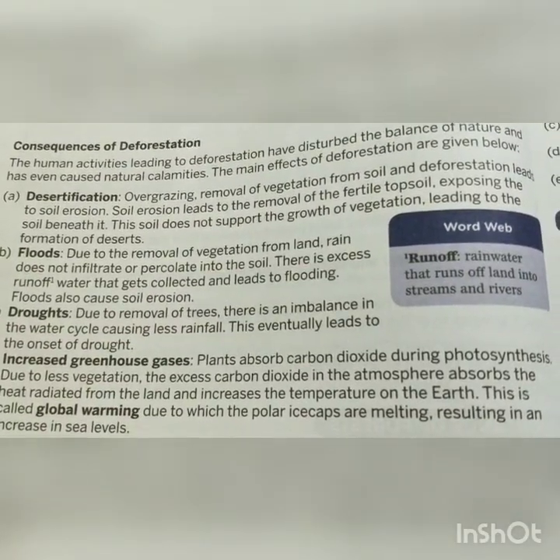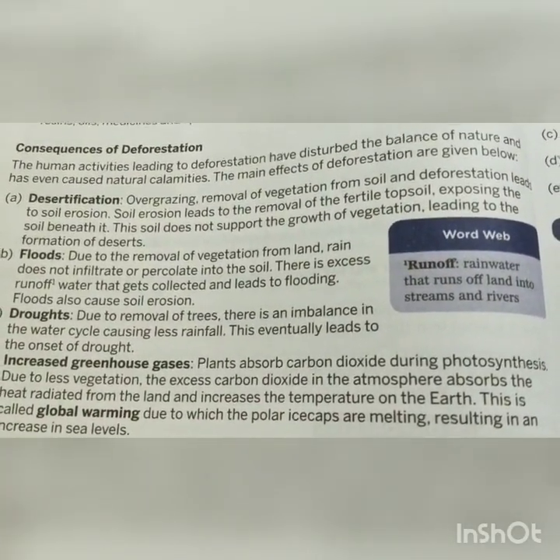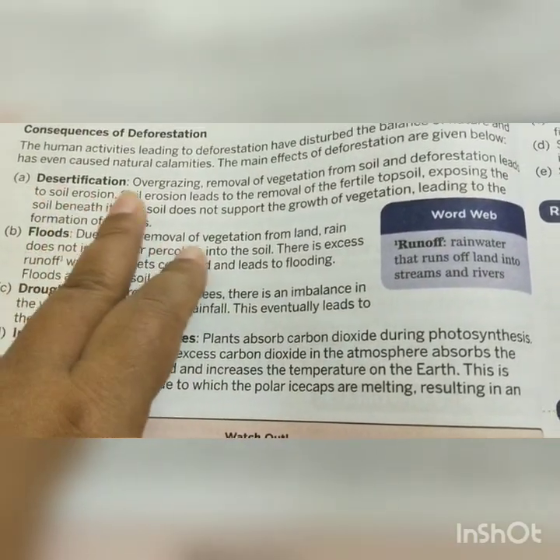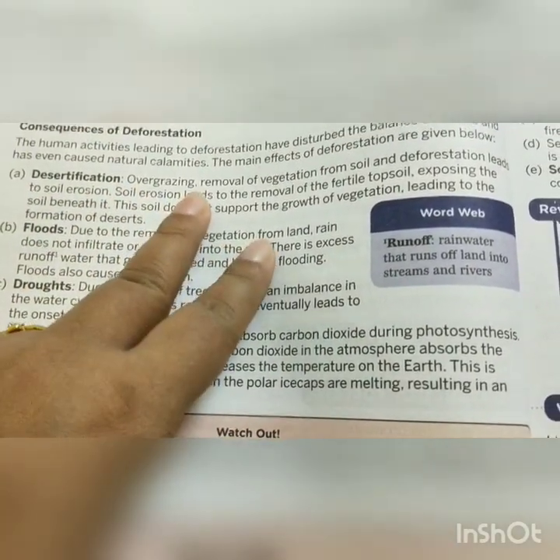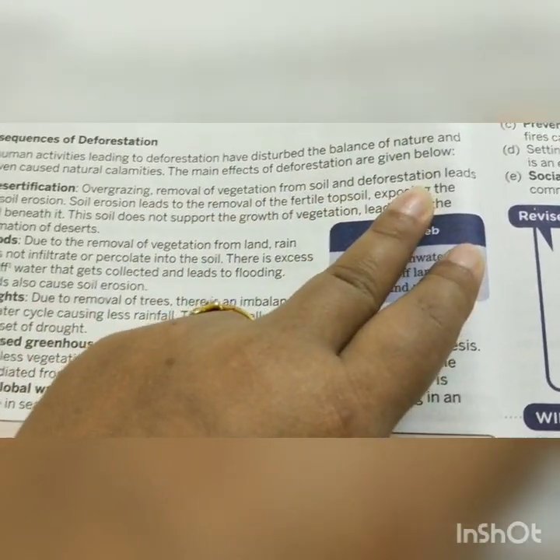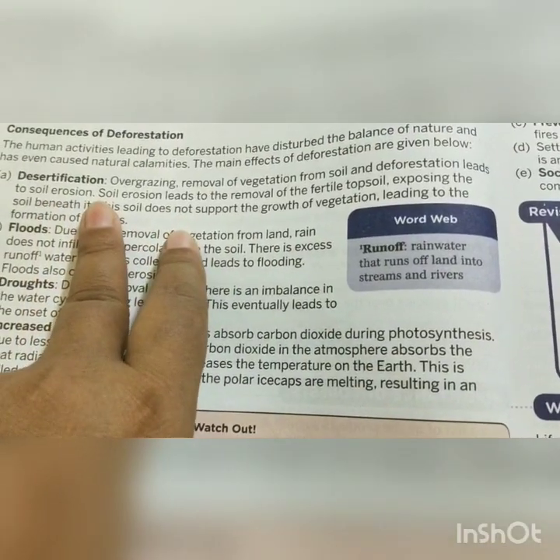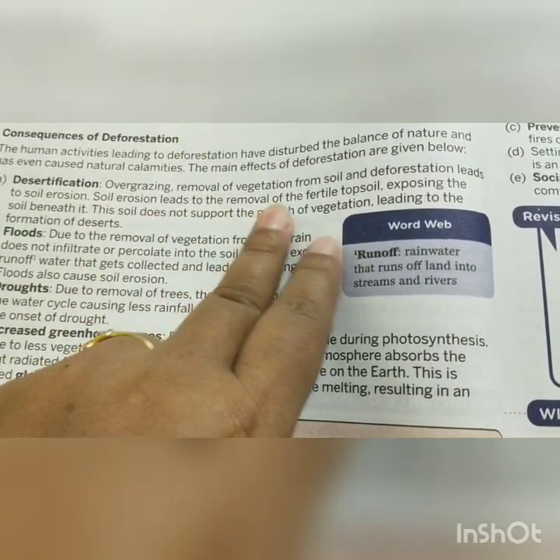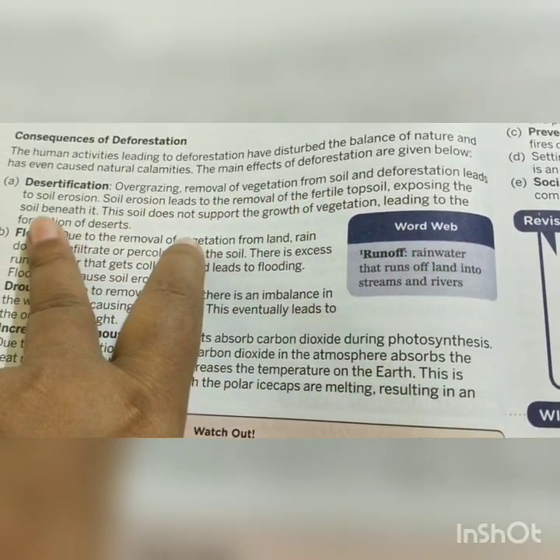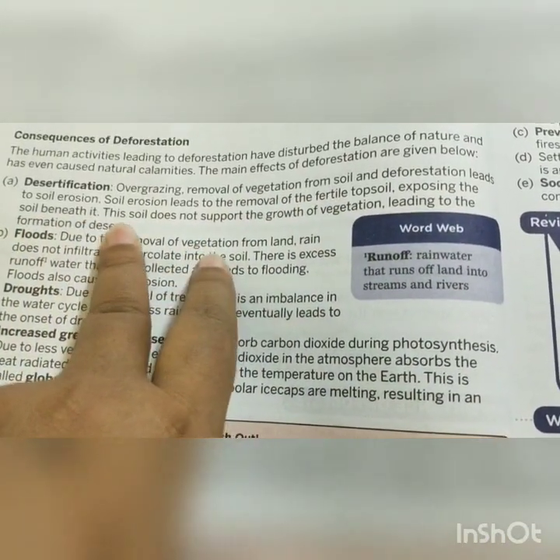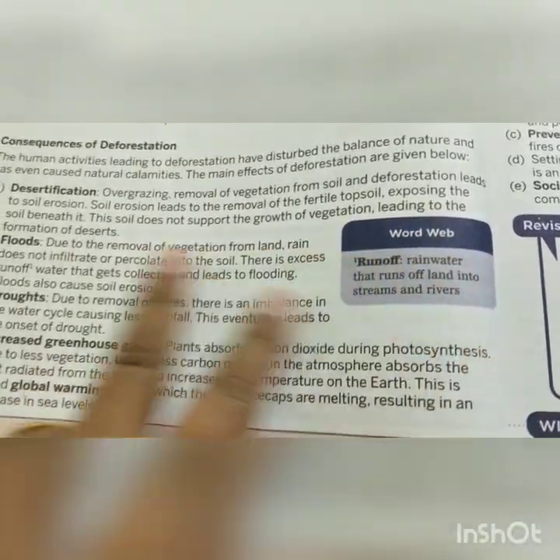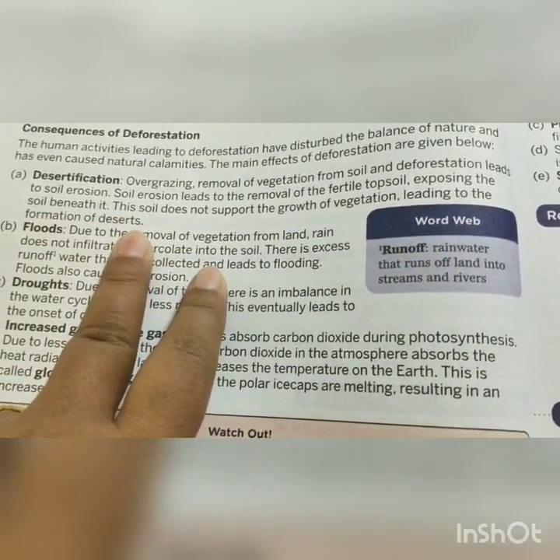Number A, desertification. Overgrazing, removal of vegetation from soil and deforestation lead to soil erosion. Soil erosion leads to the removal of the fertile topsoil, exposing the soil beneath it. This soil does not support the growth of vegetation, leading to the formation of deserts.